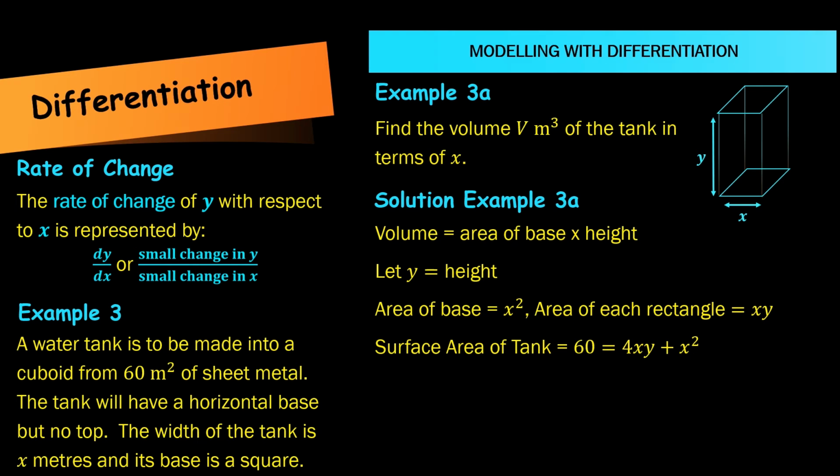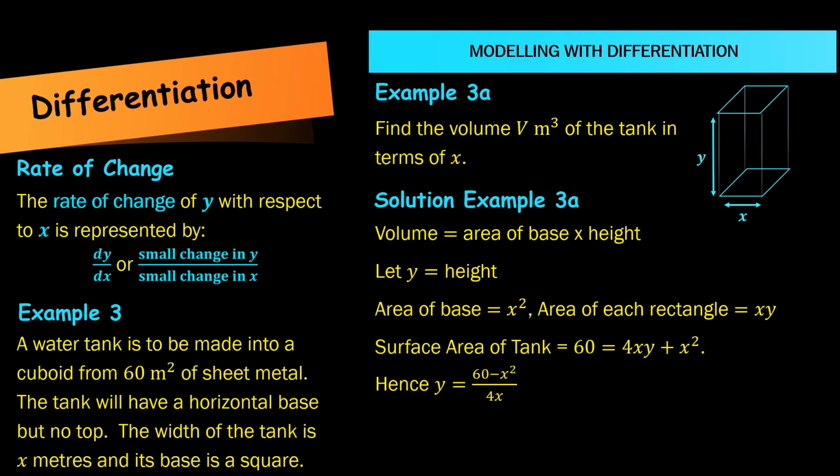And of course, the entire surface area of the tank is equal to these 4 sides plus the base. So we have this equation that we can now rearrange. The equation 60 equals 4xy plus x squared rearranged becomes y equals 60 minus x squared, all divided by 4x. And this equals 15x inverse minus x over 4.